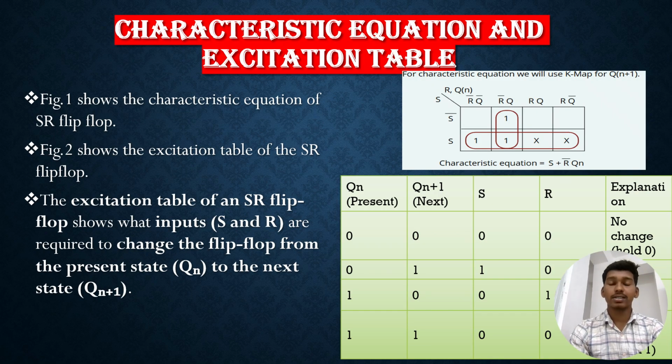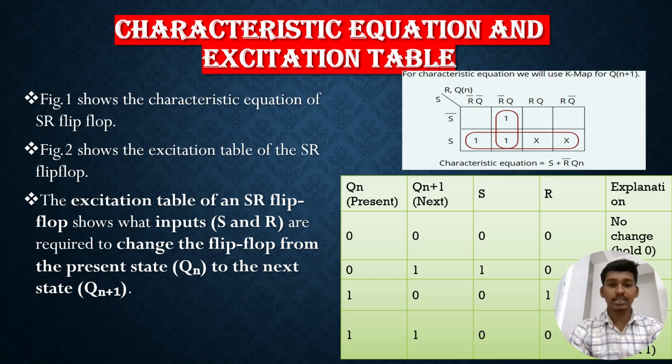And the characteristic equation and excitation table of the SR flip-flop. Here we have two figures in this slide. The first figure shows how the characteristic equation comes from the four-variable K-map, and the next one is the excitation table.